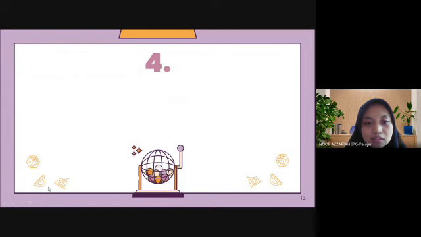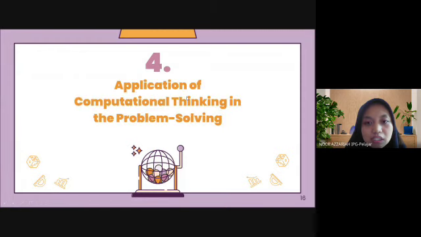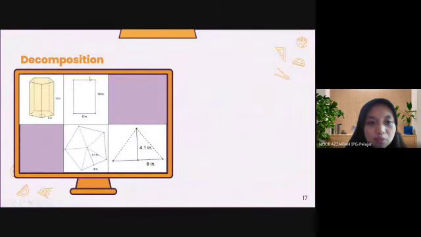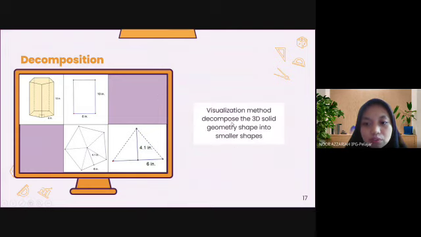So next is the application of computational thinking in problem solving. In the solution that I did just now, there are several concepts of computational thinking that I have applied. One of them is decomposition. The visualization method decomposes the three-dimensional solid geometry shape into smaller shapes.